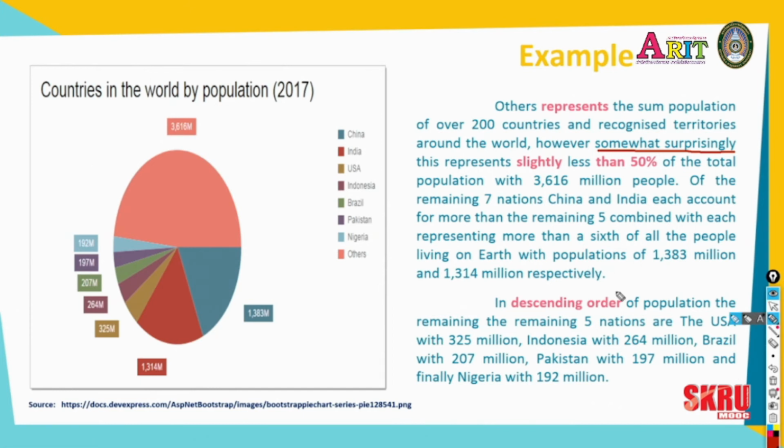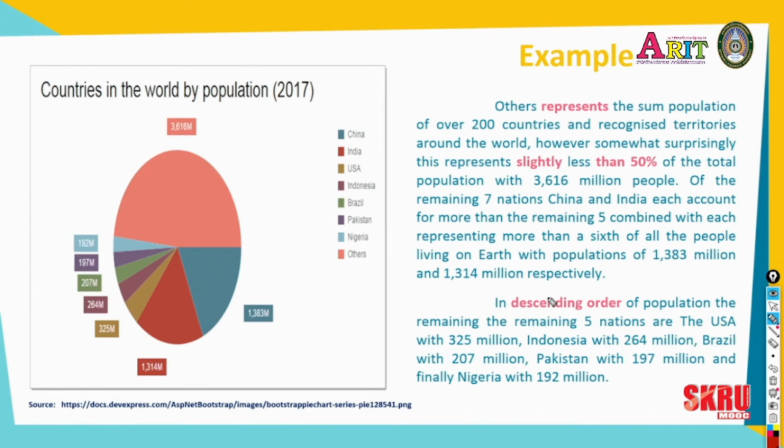Using the term respectively simply shows these numbers are in the same order as the countries I've listed. China and India. So the first one is China and the second one is India.